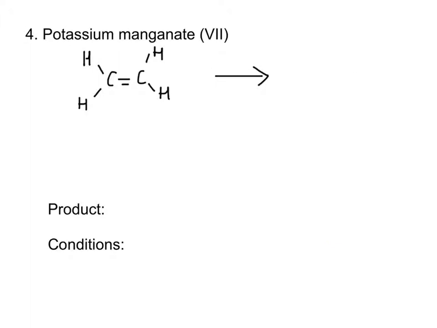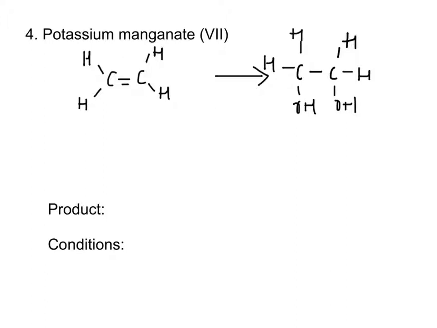With the fourth reagent, potassium manganate 7, which you probably know better as potassium permanganate, a purple solution, what is produced? This time is an alcohol, but this molecule has two alcohol groups, so we call it a diol.